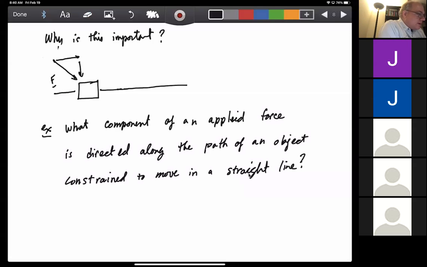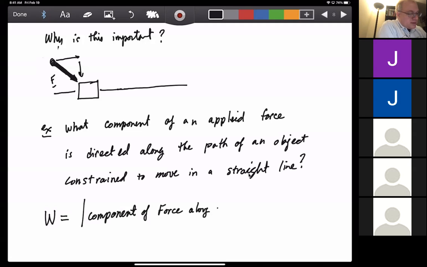So here's the actual force that you can apply. Let's say it's F for force. And you know that the work done in this situation is going to be the component of the force along the path, right?